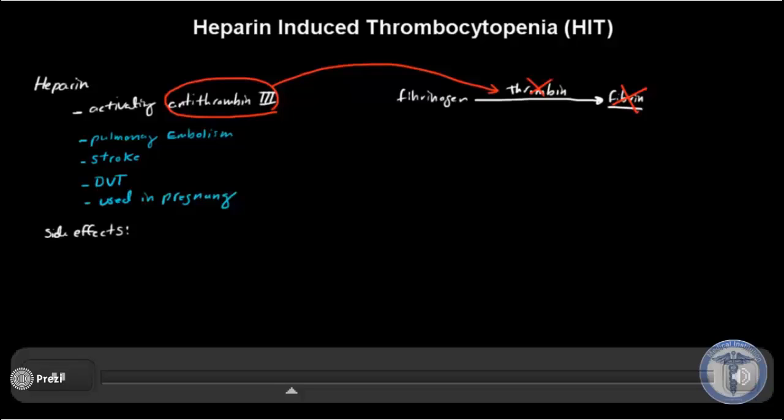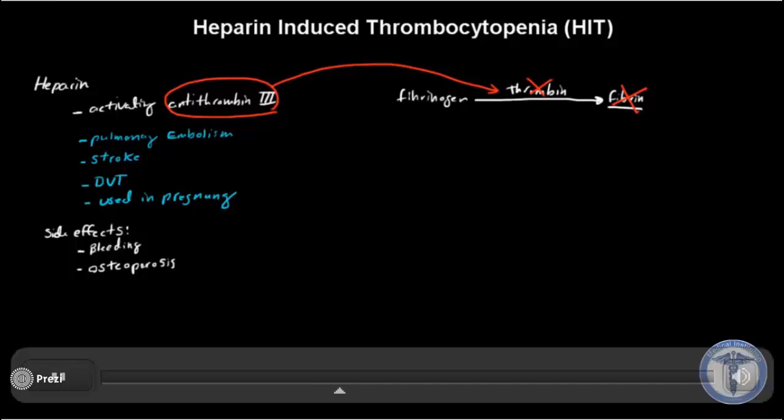And some of the important side effects of heparin are obviously bleeding, because we are inhibiting production of fibrin, osteoporosis, so if we have a patient who already suffers from osteoporosis, we obviously don't want to give her heparin.